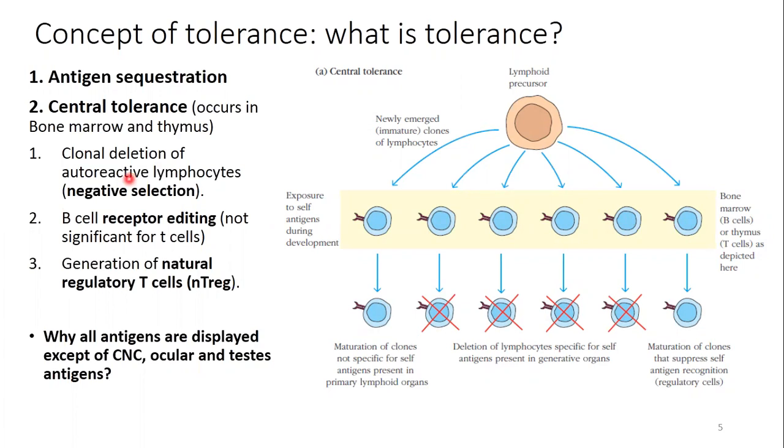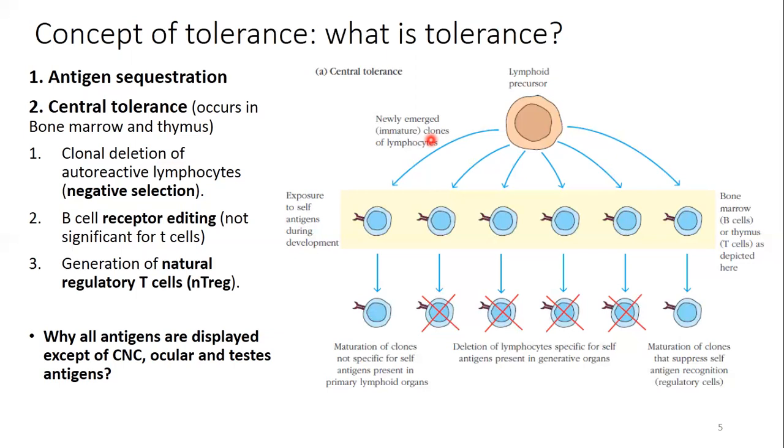So what is negative selection? During T cell and B cell development, because of receptor gene rearrangement, for example V, D and J gene recombination, to produce B cell and T cell receptor diversity, there is a potential to produce autoreactive T cell and B cell receptors.